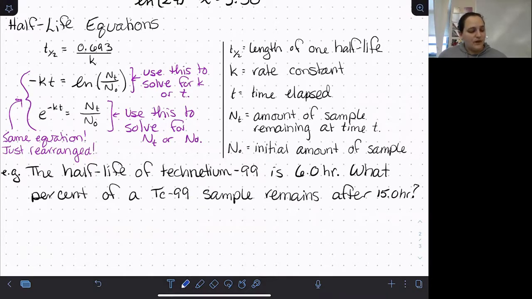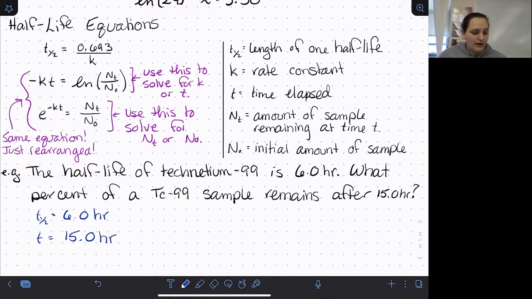Okay, so with problems like this, I always like to start by taking inventory of what I know, what I'm trying to solve for, all that good stuff. So I know my half-life is 6 hours, and I know that the amount of time passing that I'm interested in investigating is 15 hours.